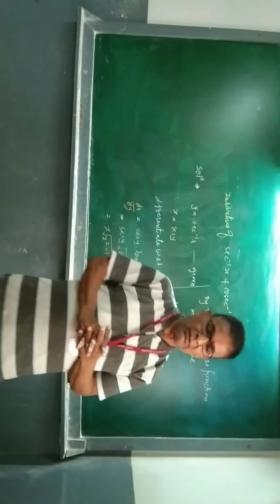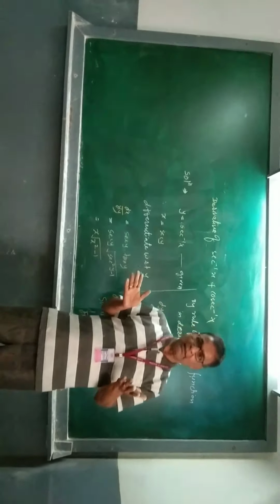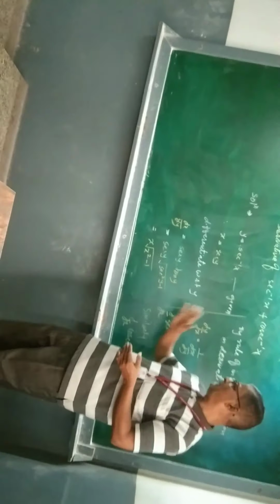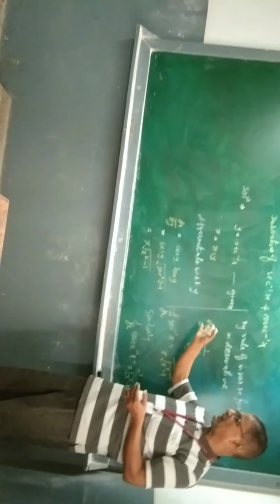Now these are the basic fundamental rules of the derivatives of inverse functions. Using these rules, we can find the differentiation of many other inverse functions which are related to these six fundamental functions.